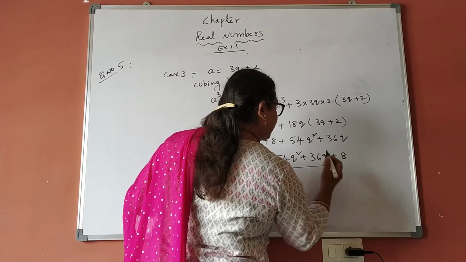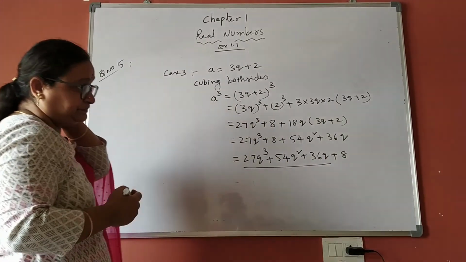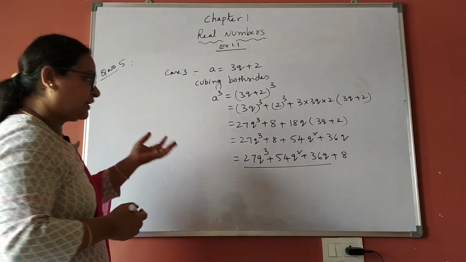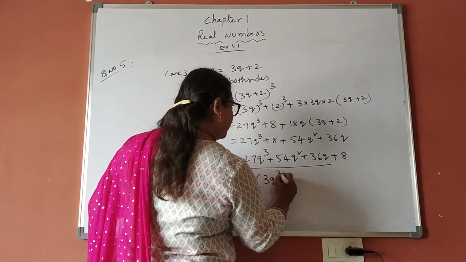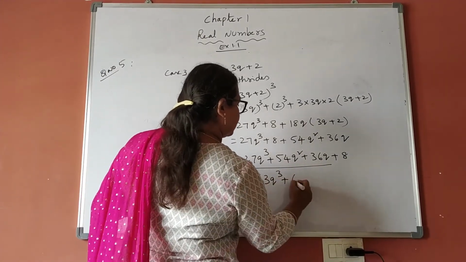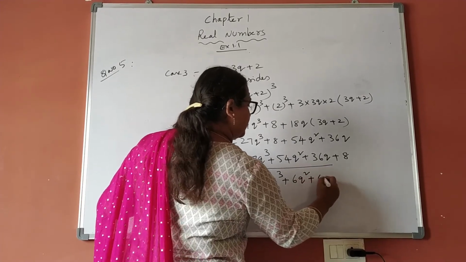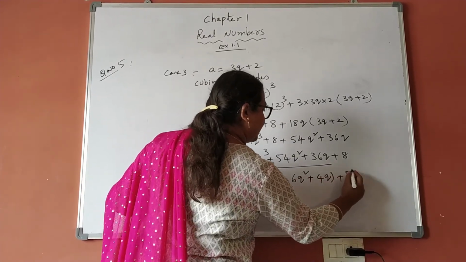So what can we take as common factor here? 9 we will take. 3q cube plus 6q square plus 4q plus 8.